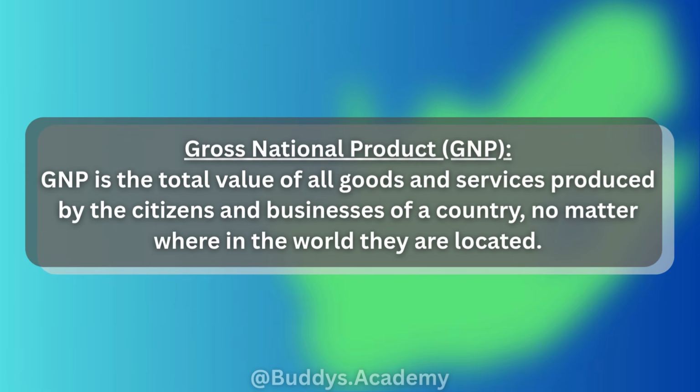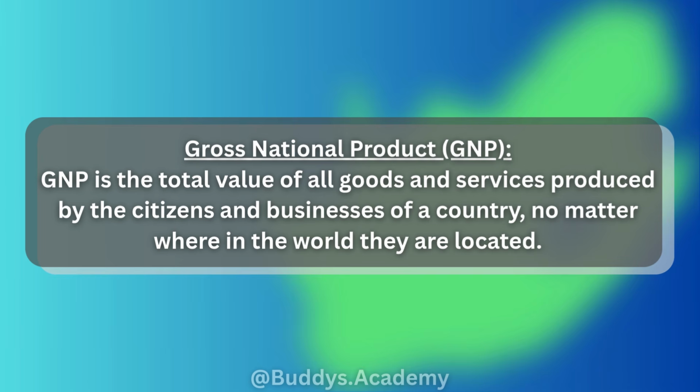And our third definition will be the gross national product, so your GNP. The GNP is the total value of all goods and services produced by the citizens and businesses of a country, no matter where in the world they are located. Now, this is going to include the income that is earned by South Africans abroad. Now, let's say someone from South Africa is working in the US, right?